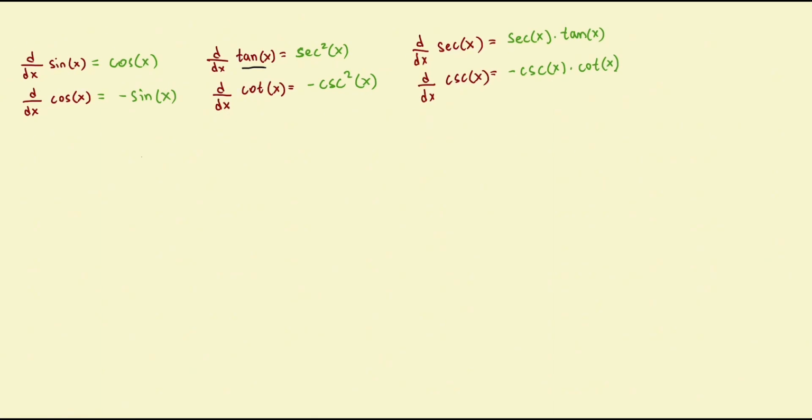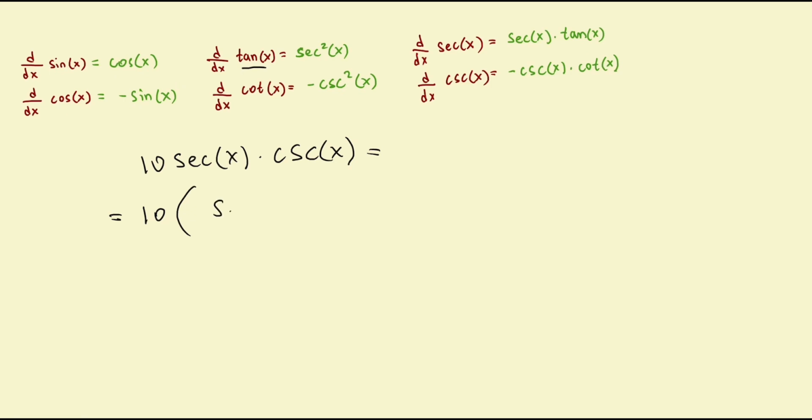In this example, we're going to derive 10 times secant x times cosecant x. Here we will use the product rule. Let's take the constant out, and we're deriving secant x.